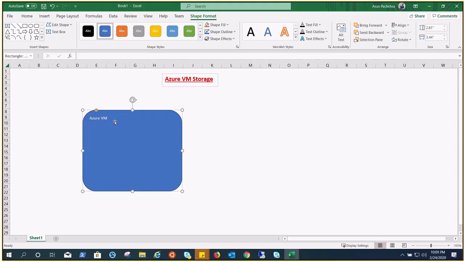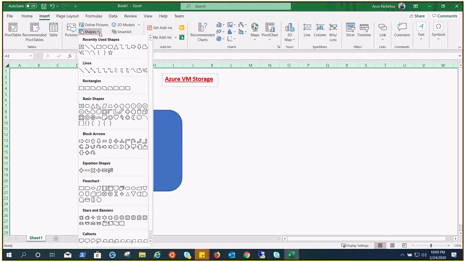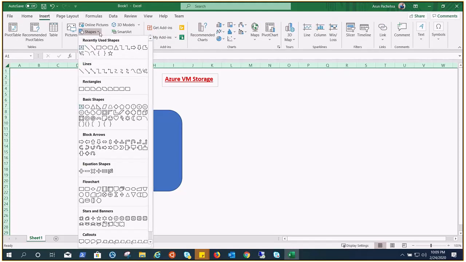So Azure VM has, the very first thing, any VM would always have two disks, the OS disk and the temporary storage disk, the drive that usually has the page file.